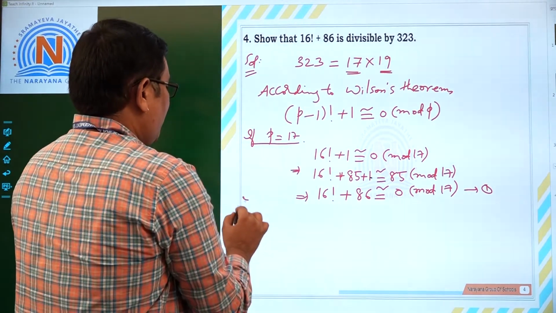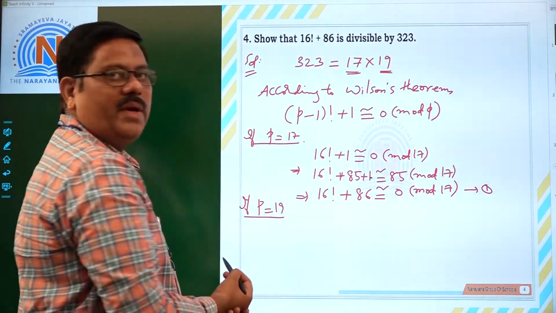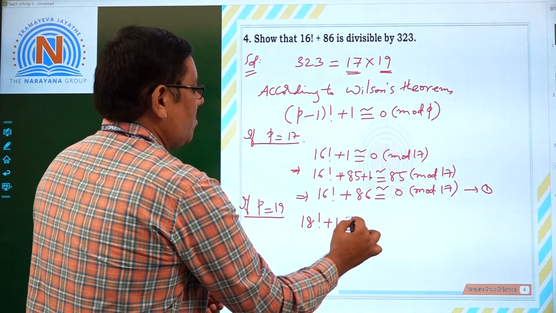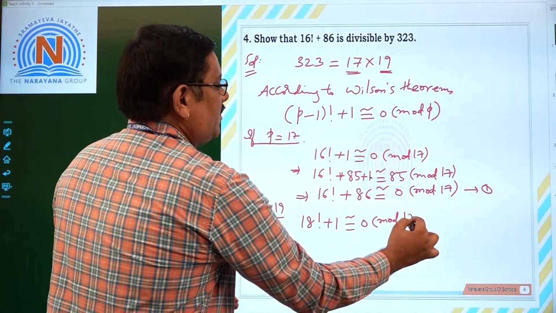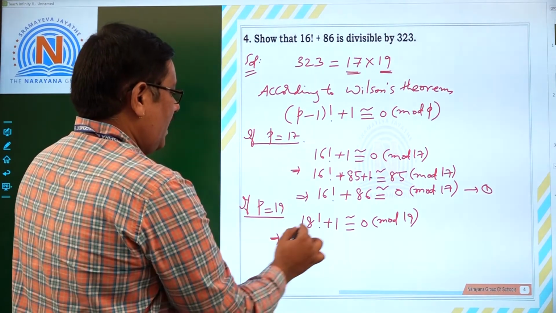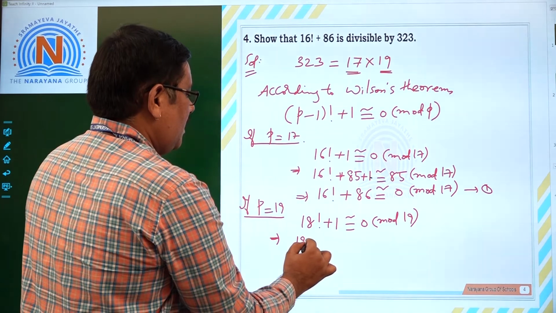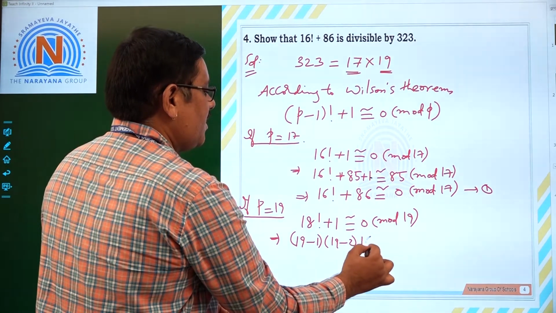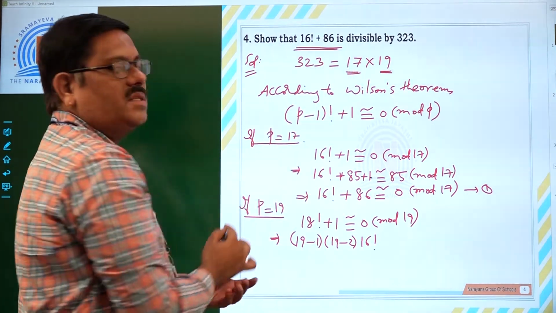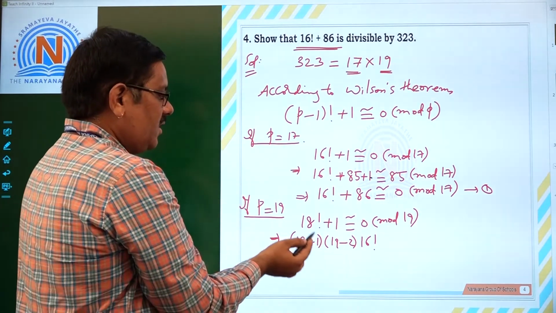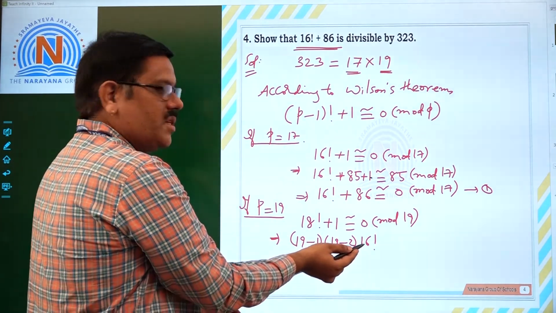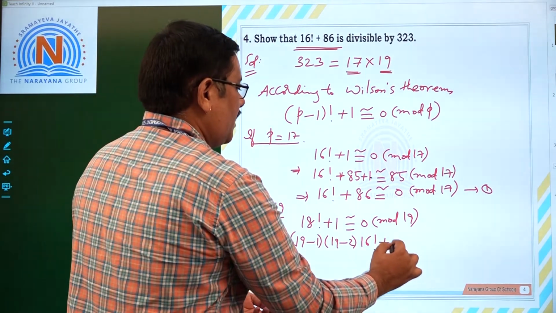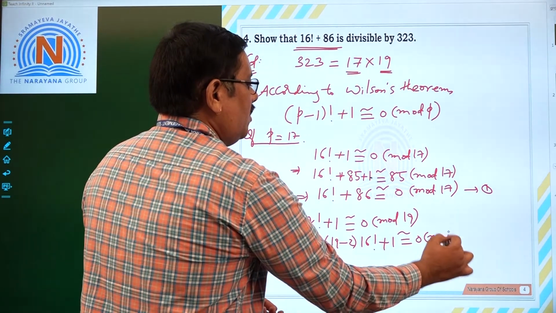Now, second condition, if P is equal to 19, what I am going to have is P minus 1, that is 18 factorial plus 1, is congruent to 0 modulo 19. Now, 18 factorial can be written as 18 into 17 into 16 factorial, because in the question we have to get 16 factorial into the picture. 18 is 19 minus 1, 17 is 19 minus 2, into 16 factorial plus 1 is congruent to 0 modulo 19.